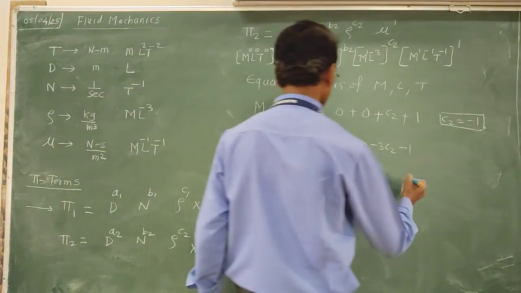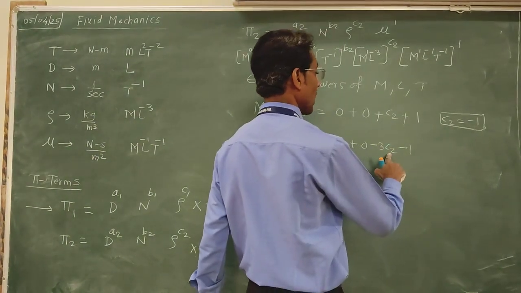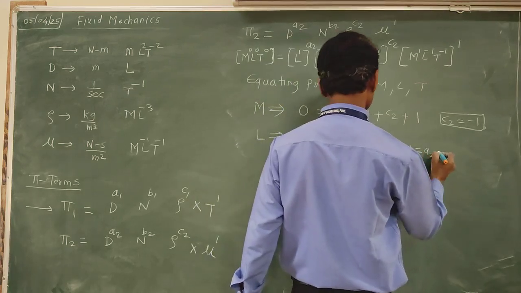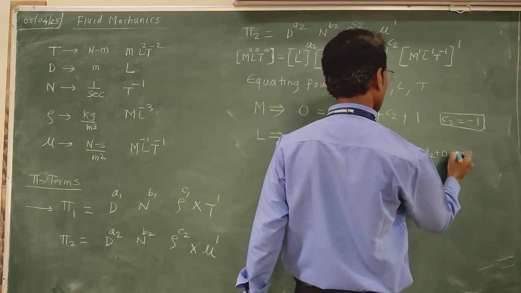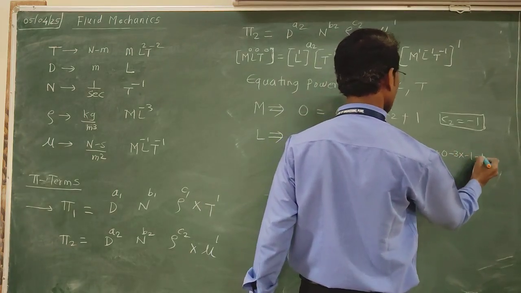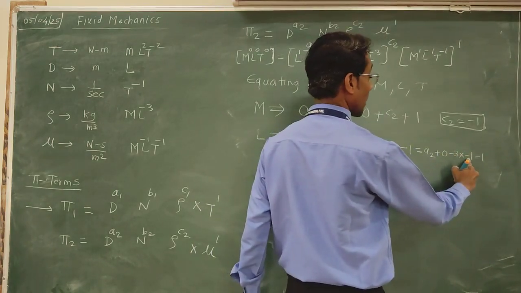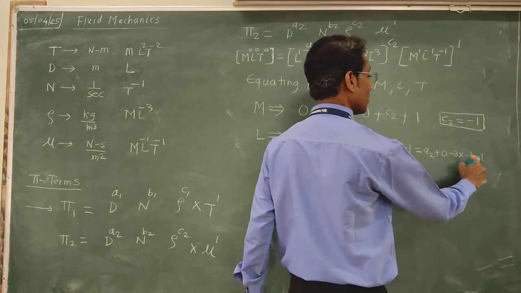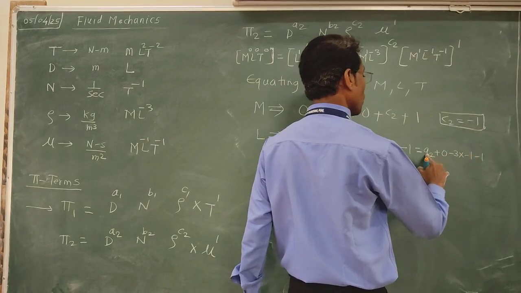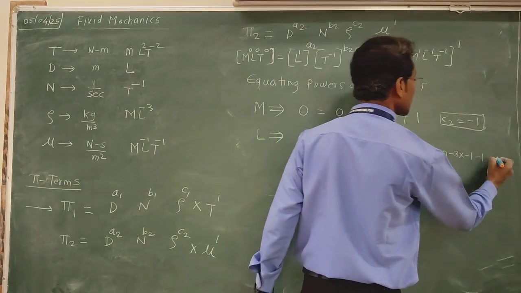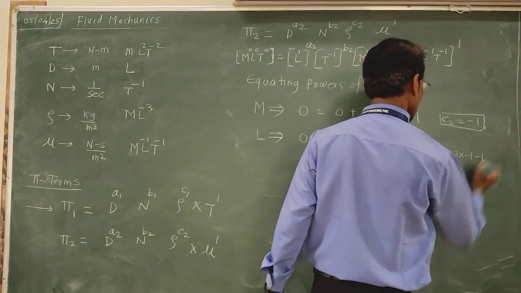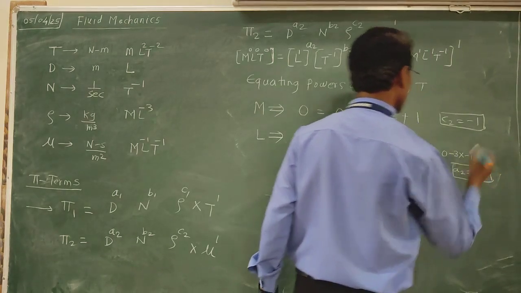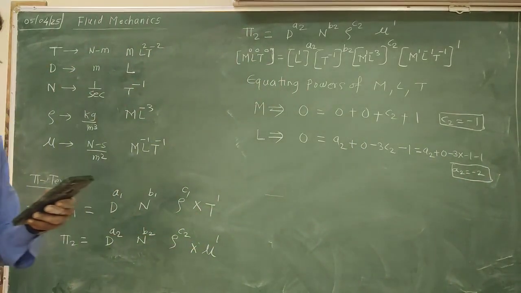Now c2 value is minus 1, so using this value here, minus 3 into minus 1 is plus 3, and plus 3 minus 1 means plus 2. So a2 is equal to minus 2.